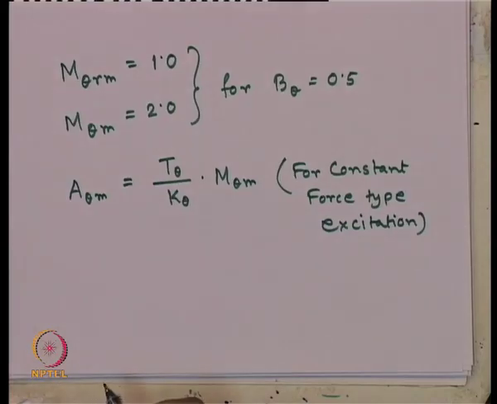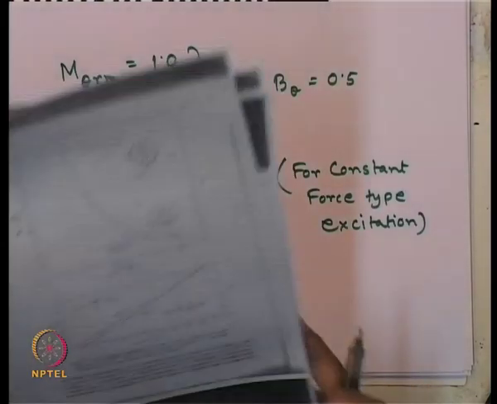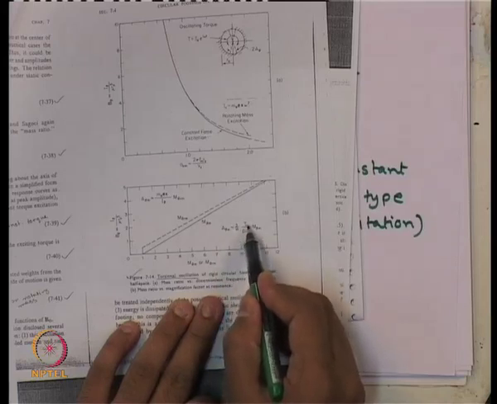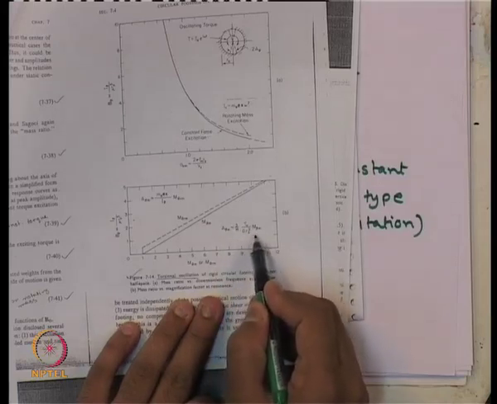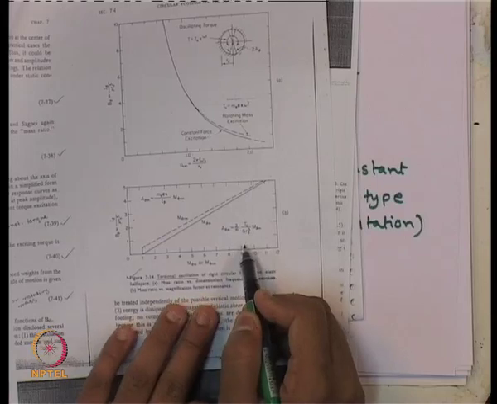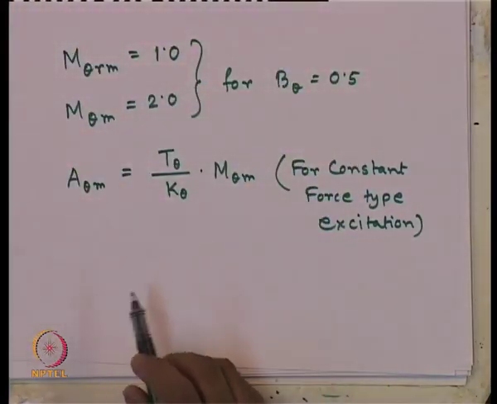Look at the design chart, it is also given there. A theta m is 3 by 16 T theta by g r naught cube m theta m. So, g r naught cube into 16 by 3 is nothing but k theta, is it not? So, T theta by k theta m theta m.